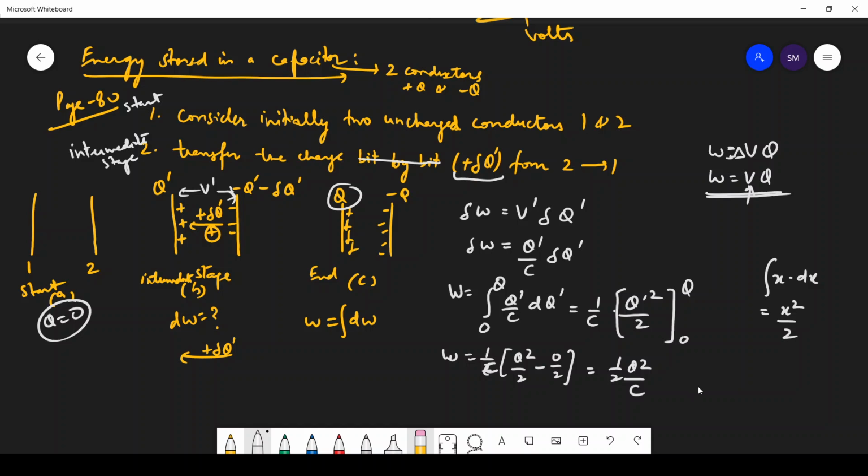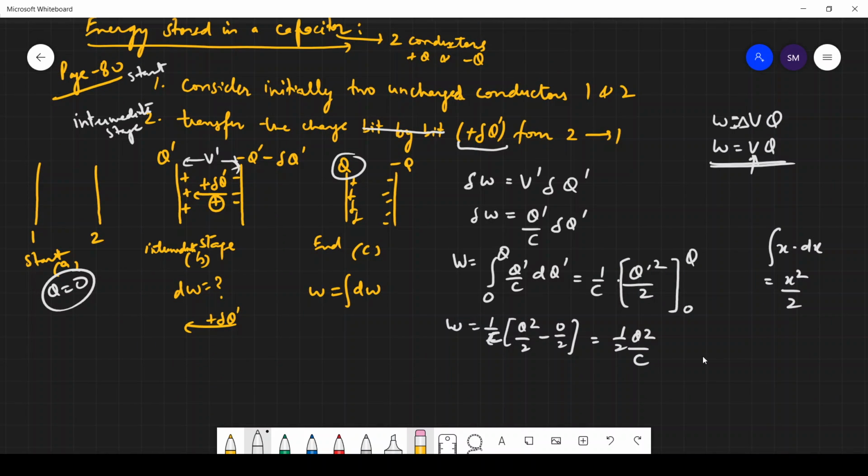Such a simple derivation, which is there in the exams. Now if we put the value of Q, so C equals Q by V, so Q equals CV. Put this value of Q here, what do we get? I get 1 by 2 C square V square by C. So one C will cancel out, and you are left with only one C. So that's another way of writing this formula.